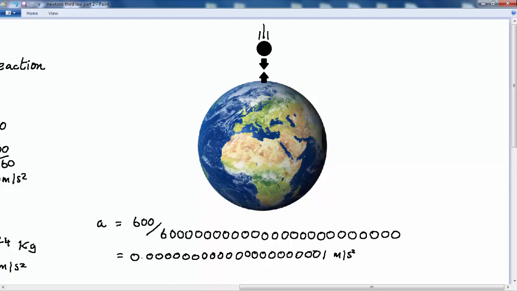But of course the difference is in the size of the masses. Because the mass of the Earth is so enormous, its acceleration towards the cannonball can be treated as zero. That's to say, we can say that the Earth doesn't really move, and it's only the cannonball that appears to accelerate.